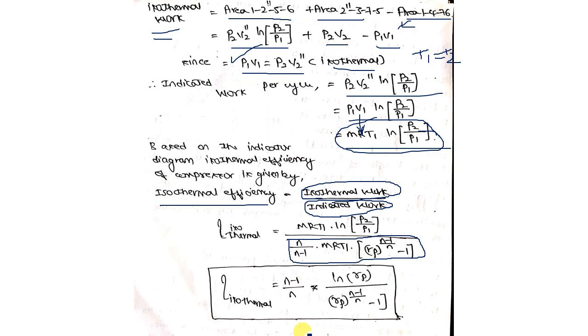Now this isothermal work you have just calculated here, correct? So substitute both the things and simplify it a little bit, then you will get this particular expression. MR cancels, T1 cancels, the remaining things have been kept here, that's it. So this is the expression for the isothermal efficiency of an air compressor.